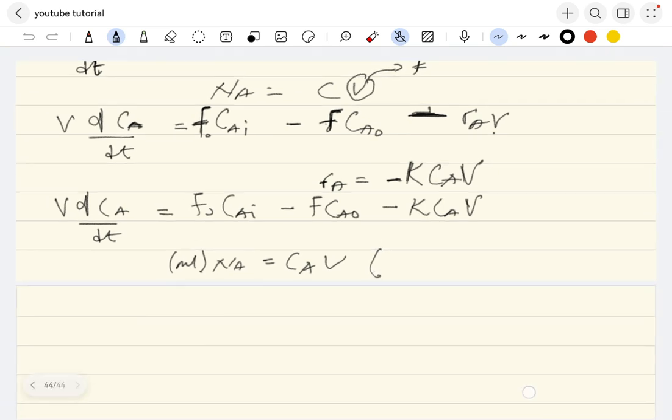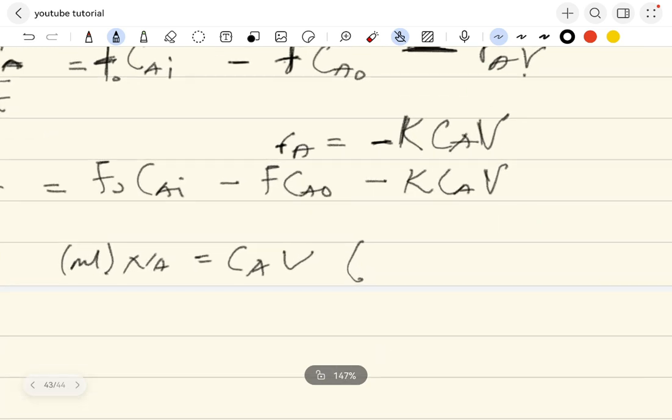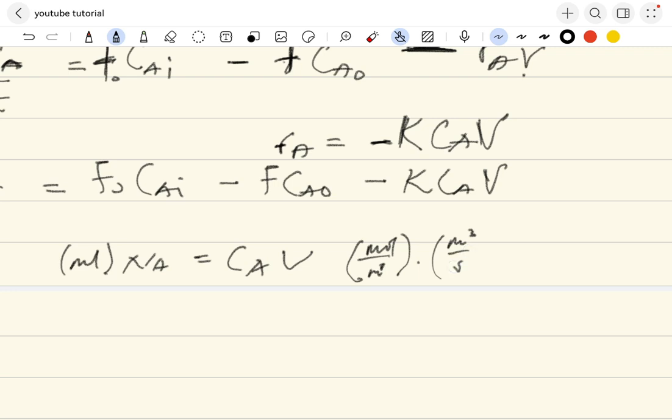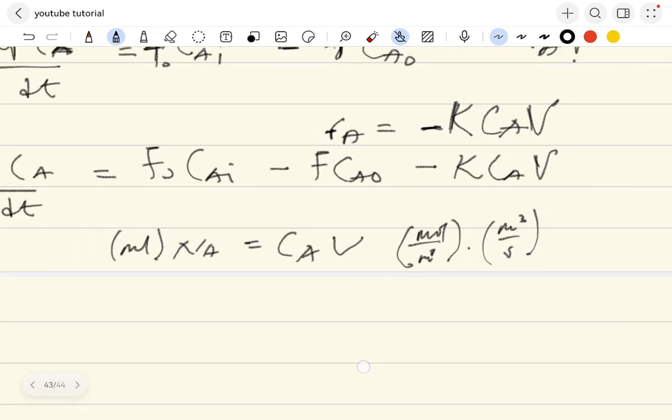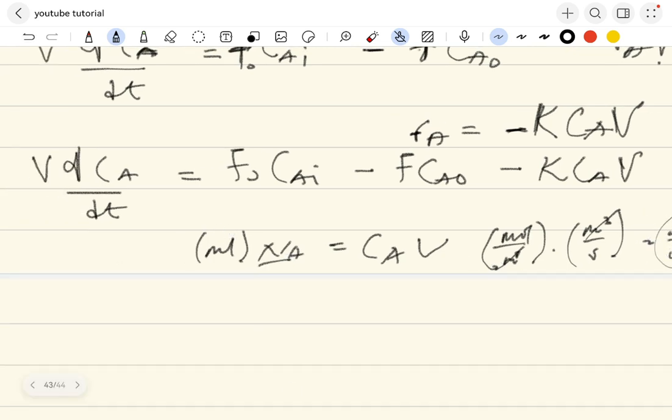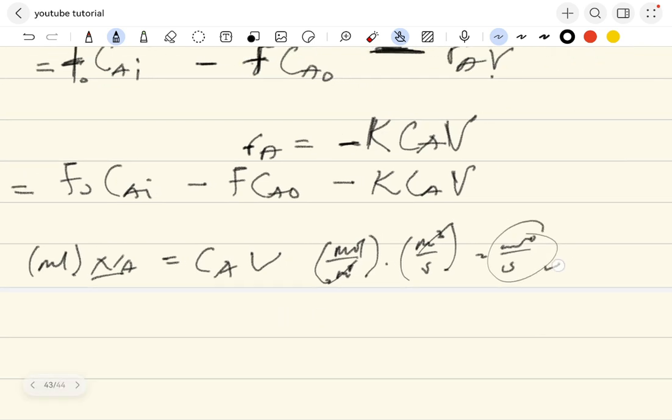So concentration is mole per meter cube multiplied by volumetric flow rate as it is here. And that one is meter cube per second. So we can see meter cube, so we can get mole over second. And that one, because it's changing with respect to t, so it's correct.